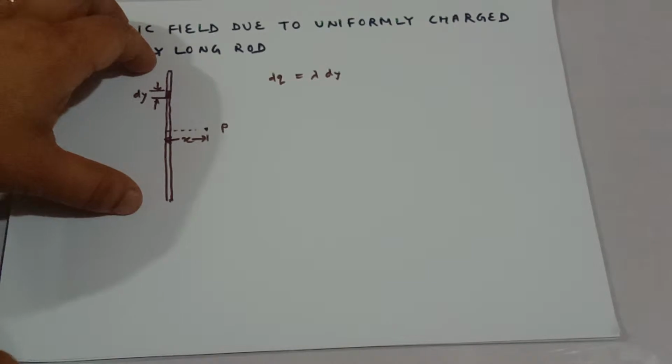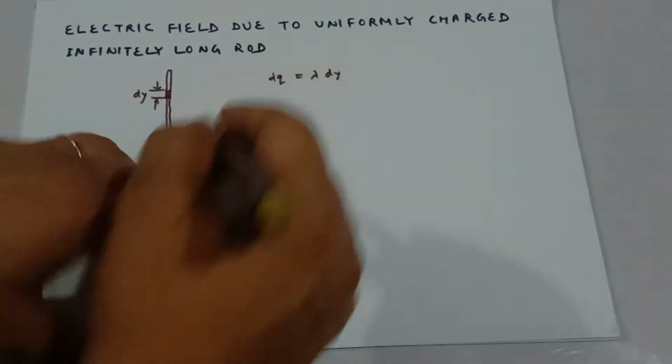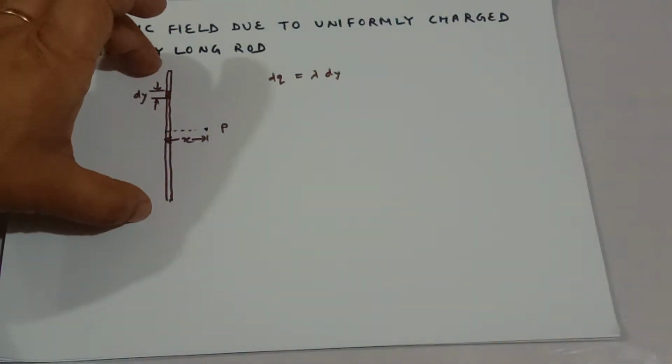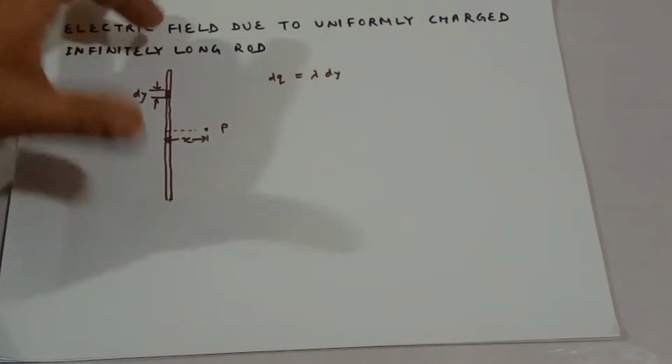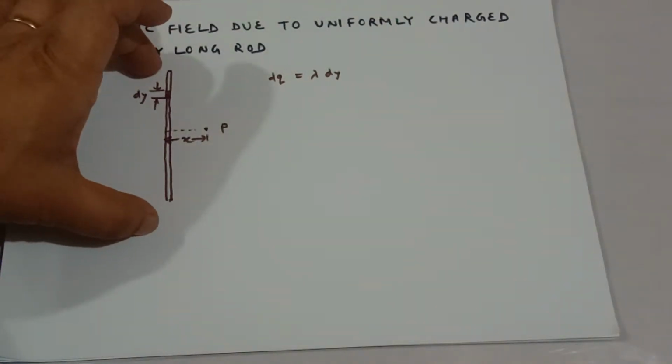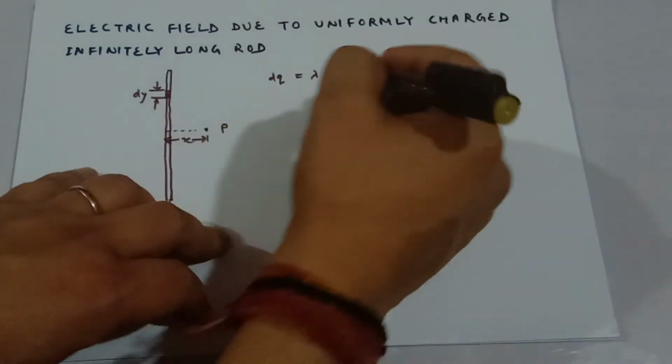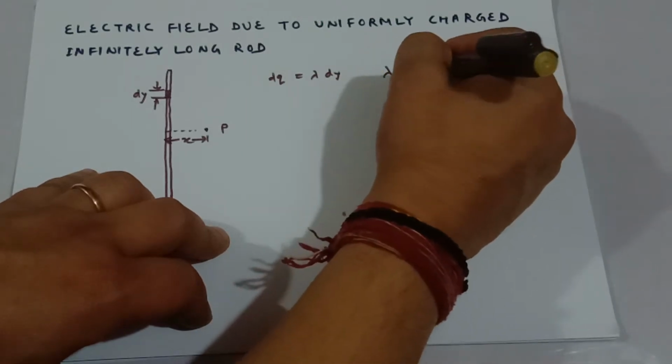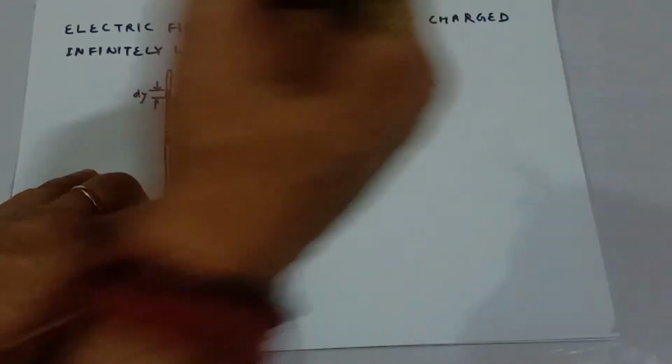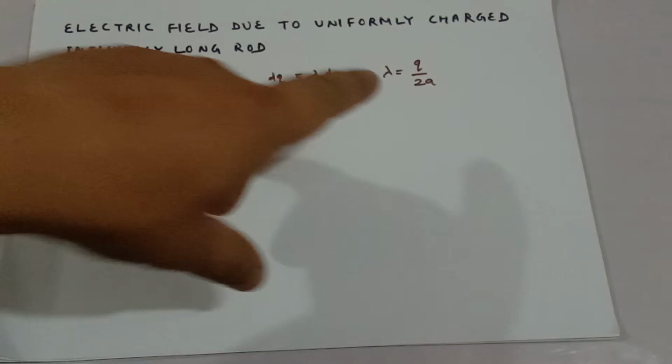Very simple. And if we consider the total length to be 2a, of course a is very large because we have considered the rod to be infinitely long. So in that case lambda could be q upon 2a, but for now we'll consider that a is very large.